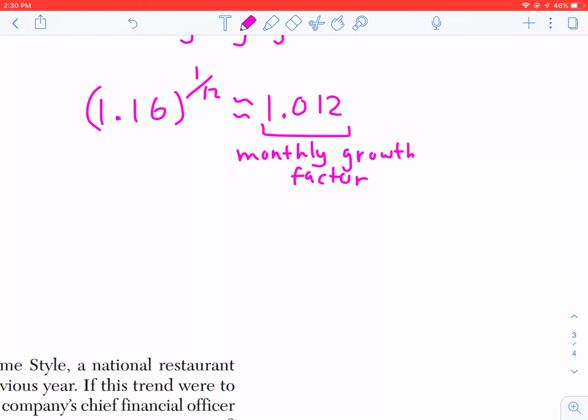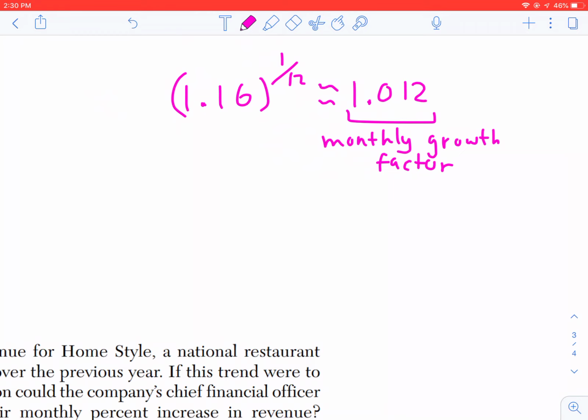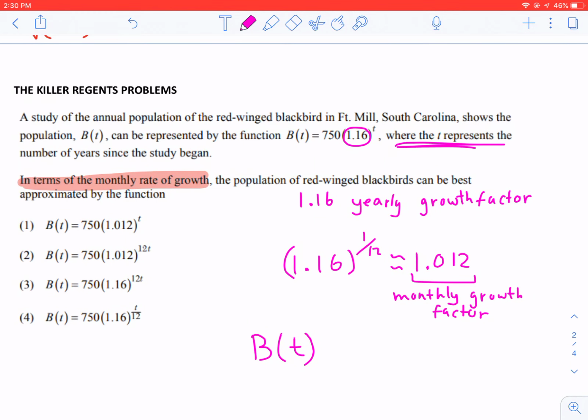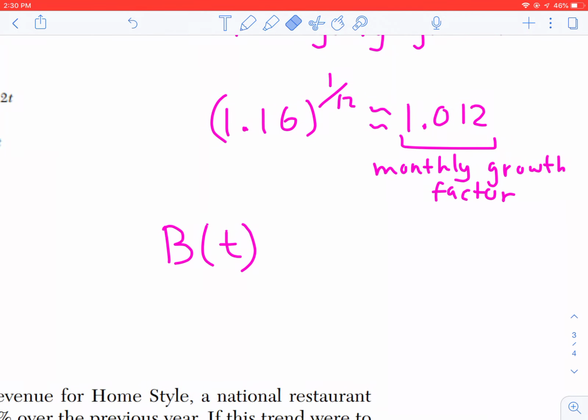And so if I wanted to write a function, I can't use t anymore because t represented the number of years since the study began. Well, actually, I could still use t, but I changed it to a monthly growth factor, so I'm going to change this to m. So we started with 750 blackbirds.